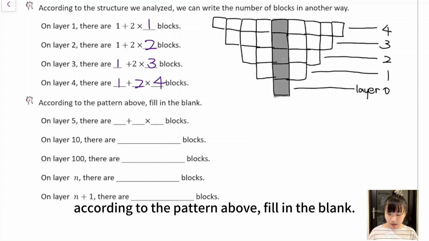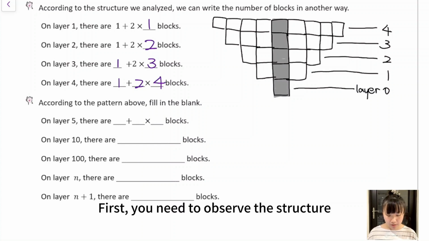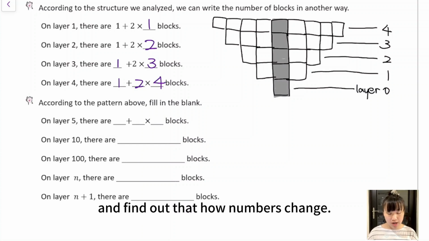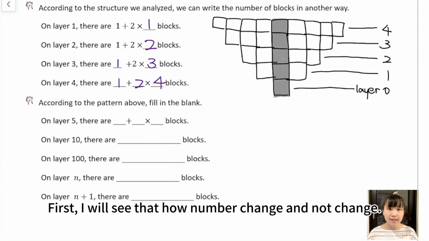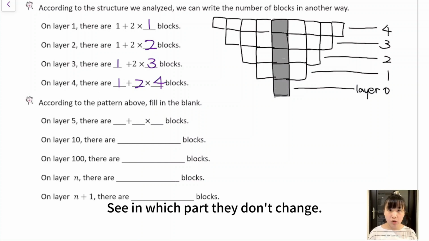Next question. According to the pattern above, fill in the blank. You need to find the pattern of these numbers. First, you need to observe the structure and find out how numbers change. I will see how numbers change and not change, in which part they don't change.